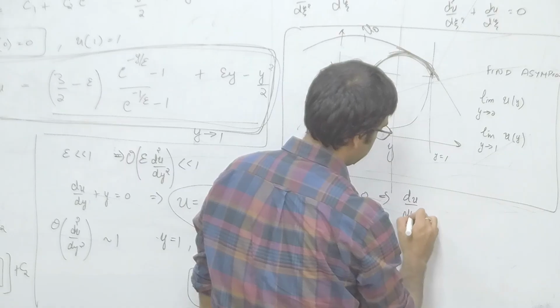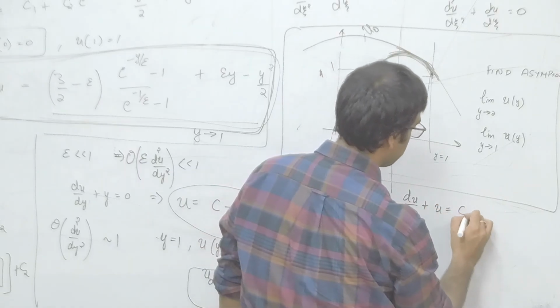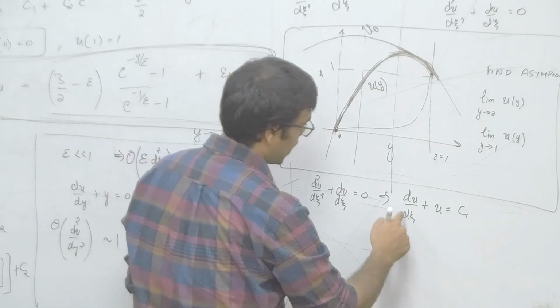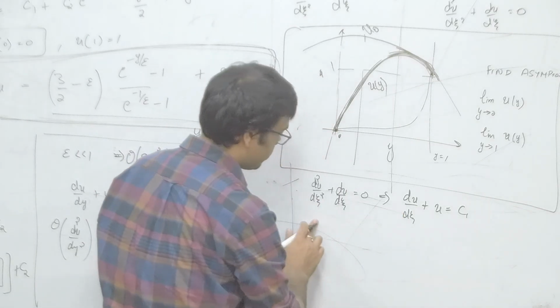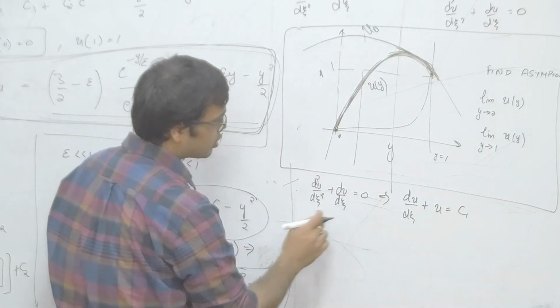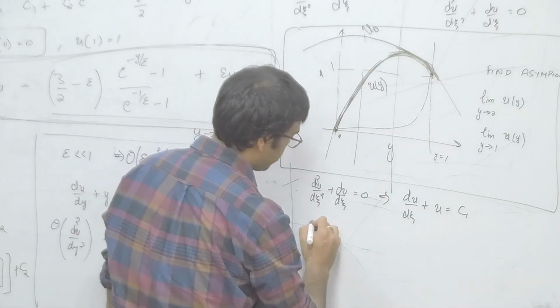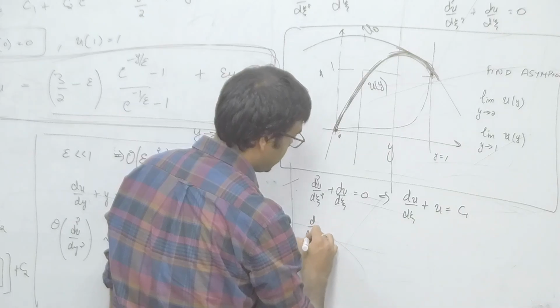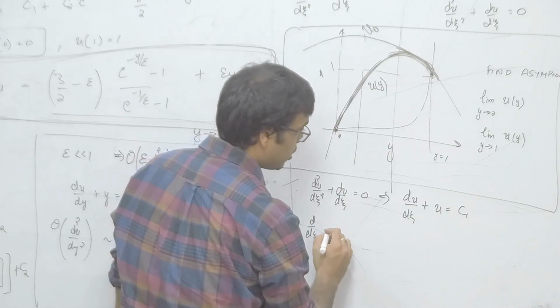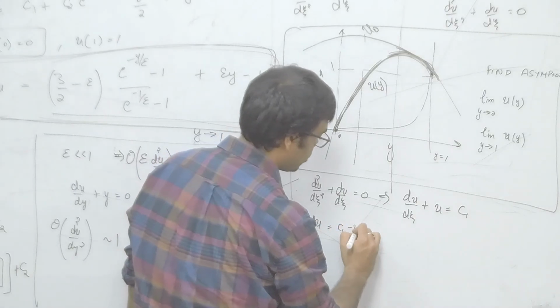du by dc plus u equals some constant c1, and then what is the solution of this? We have du by dc as c1 minus u.